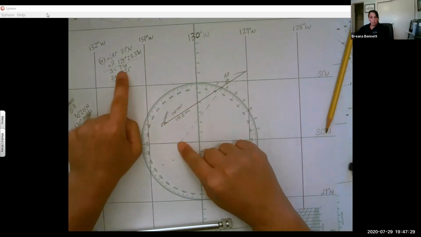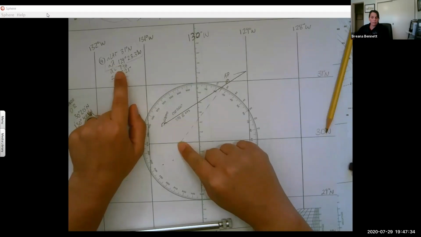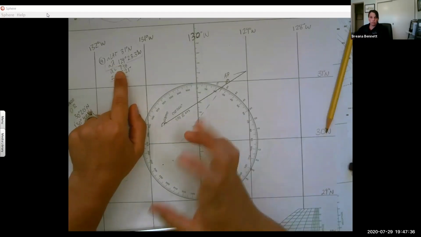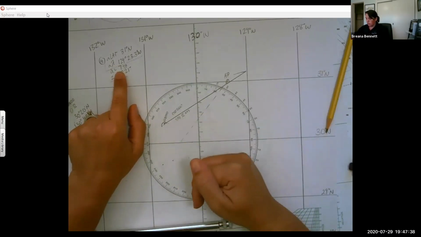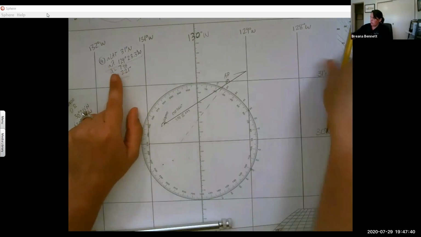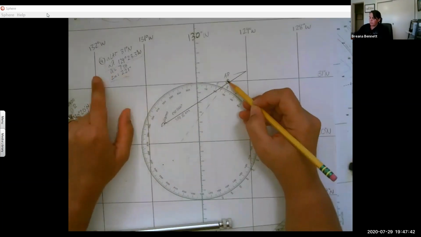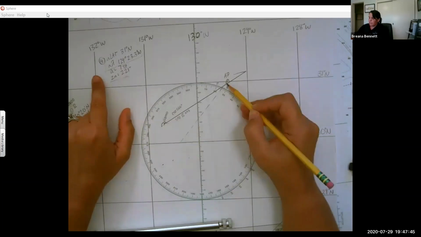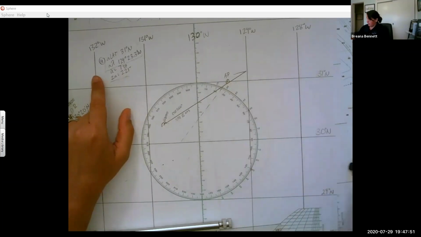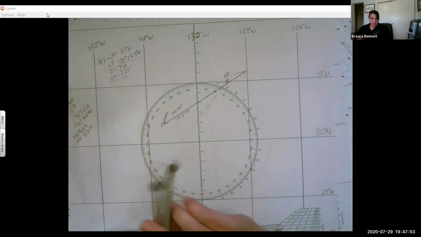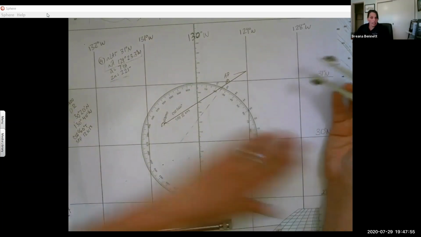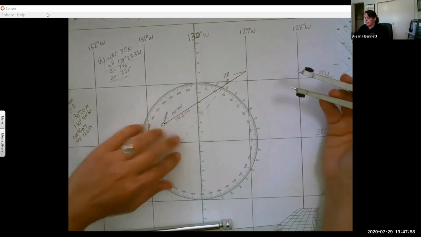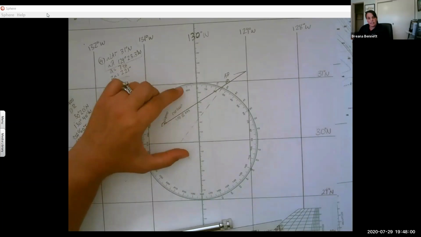My next thing to plot would be my intercept, and that's going to be 7.0 nautical miles towards 221. So if I'm going towards 221, I'm going to be going this way, and I want 7 miles from my assumed position. 7 miles, just like on a chart, you have 60 miles in a degree of latitude.